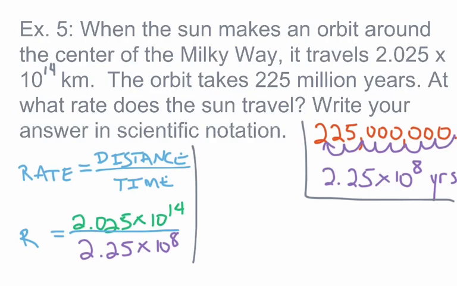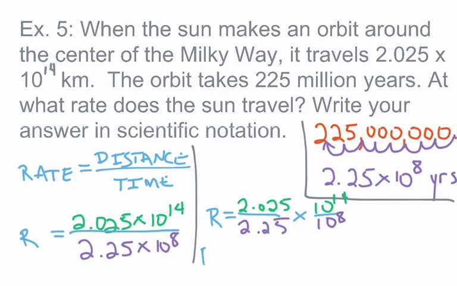I know I tell you guys not to do this, but I'm running out of space, so we'll bring our work up here and say R is equal to 2.025 over 2.25 times 10 to the 14th over 10 to the 8th.